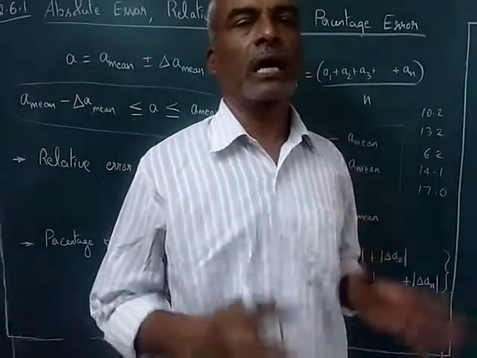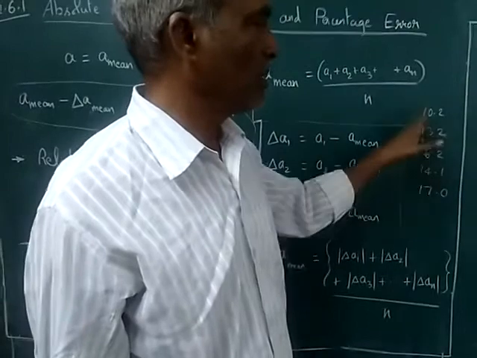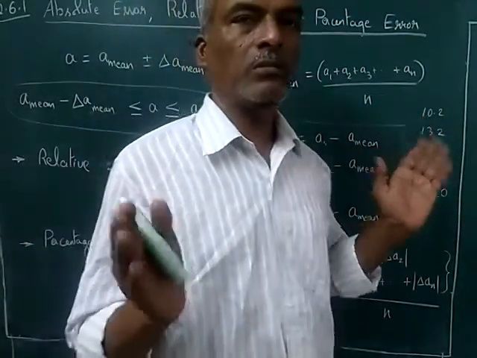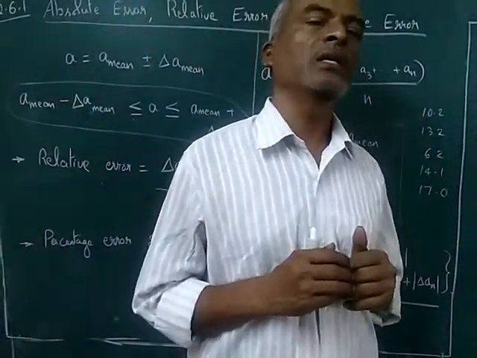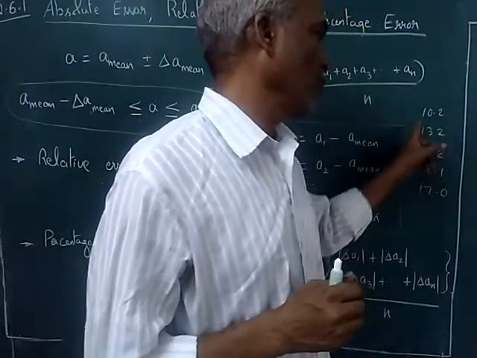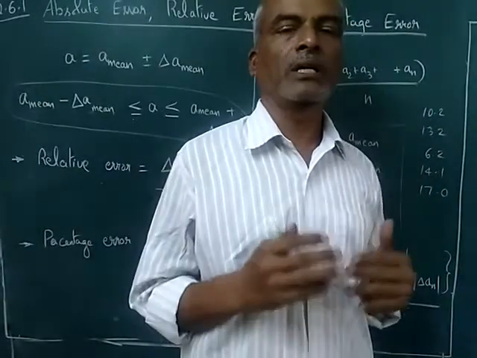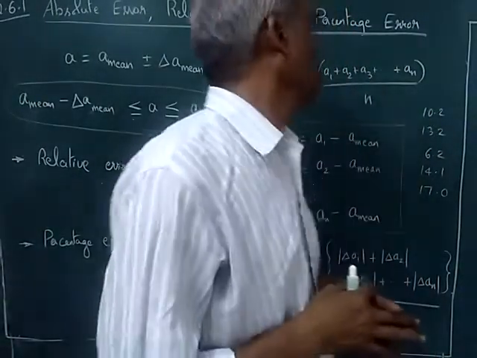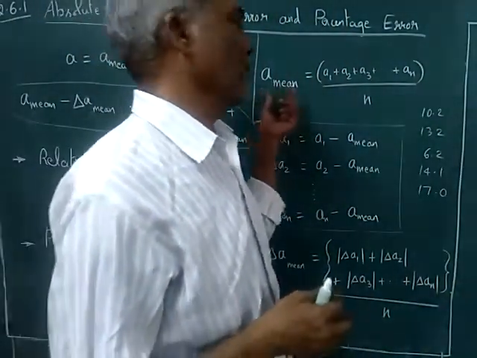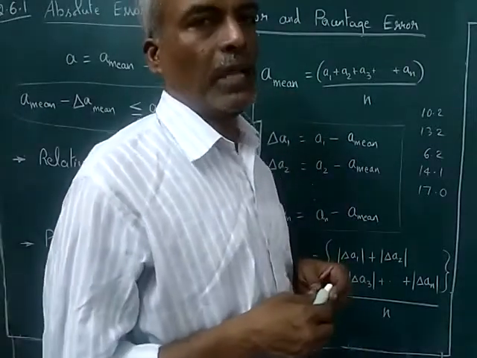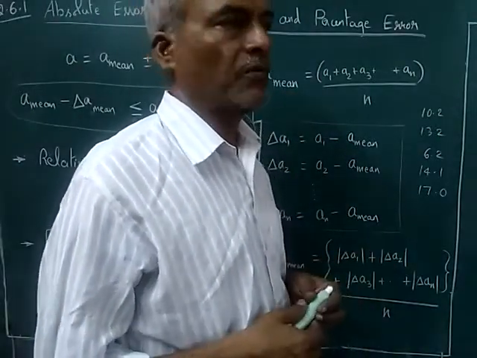Now we have to find the average. How to find the average? All these quantities will be added together, and finally divided by 1, 2, 3, 4, 5, the number of observations. That is what we call the mean value or average value of the particular measurement.